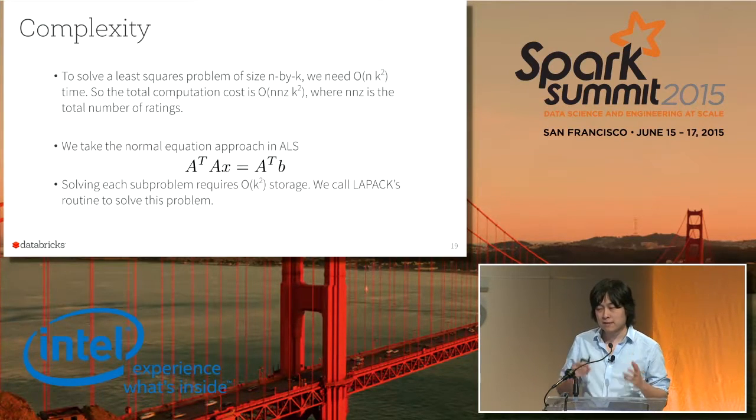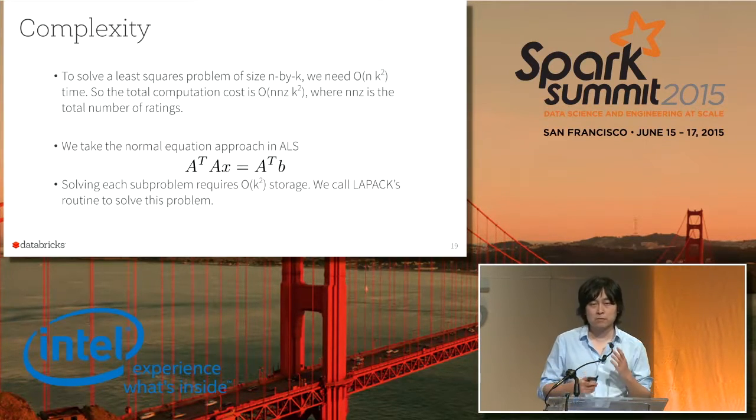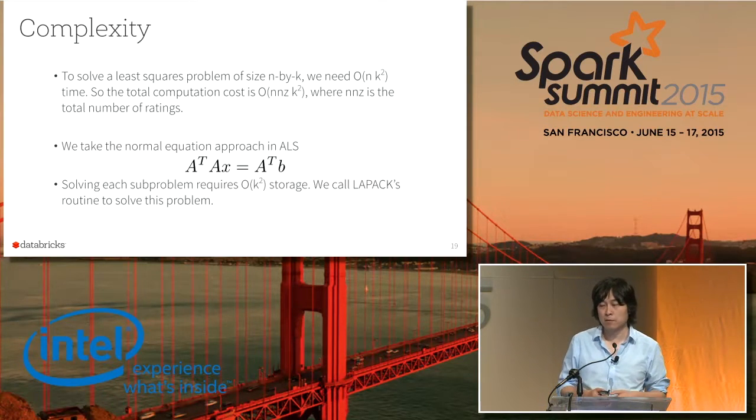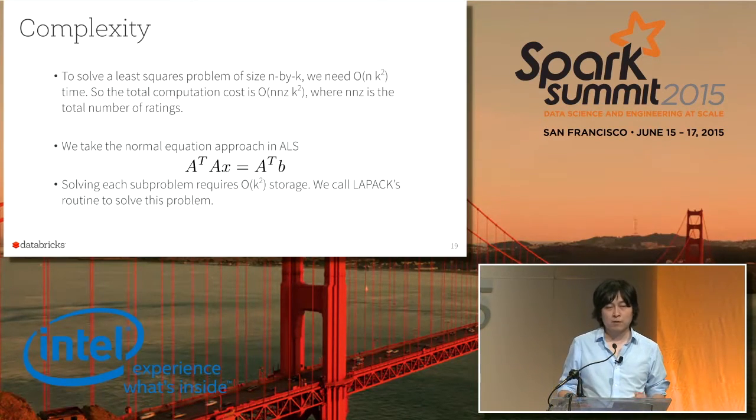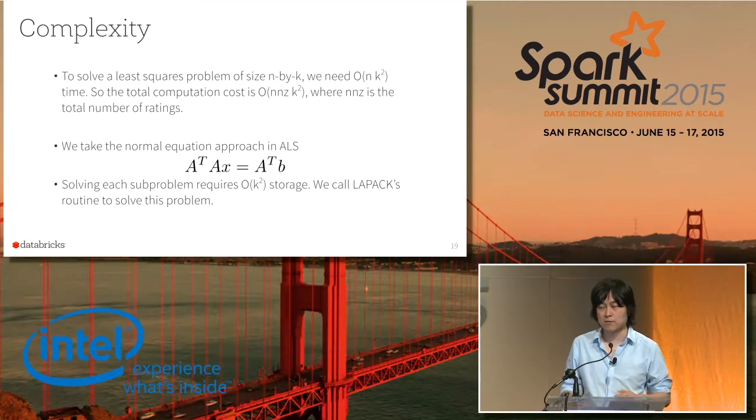For the complexity analysis, usually if we solve a least squares problem of size n by k, that needs n k squared. To solve the entire set of least squares subproblems, we need the number of non-zeros, which is just the number of ratings, times k squared, where k is the rank.